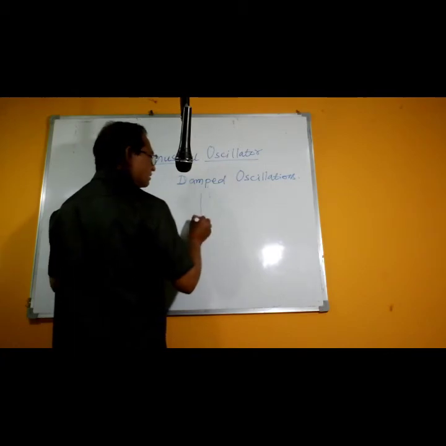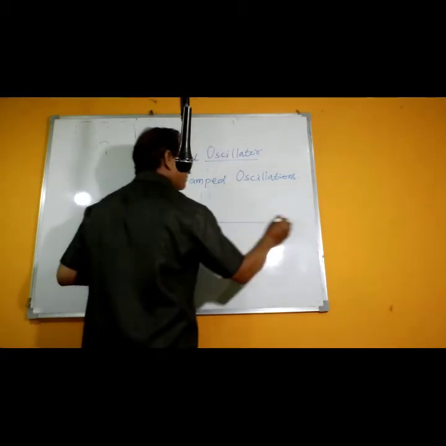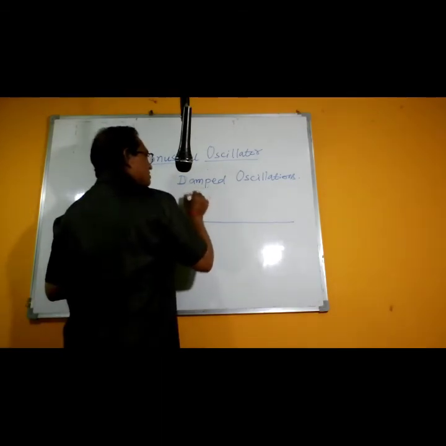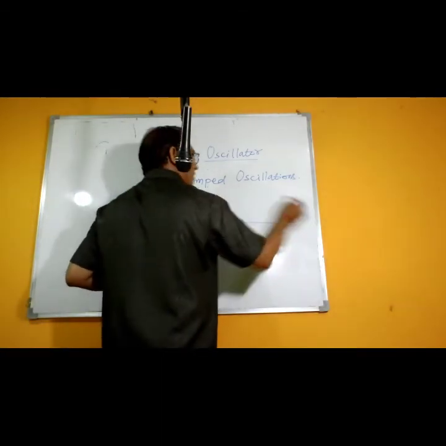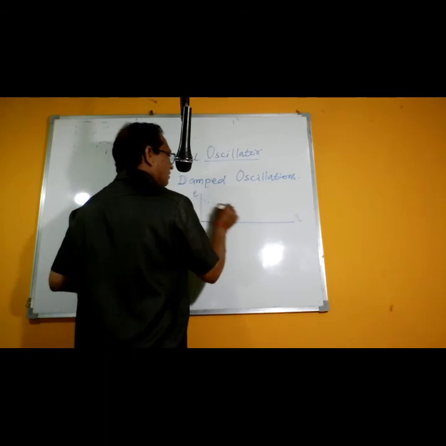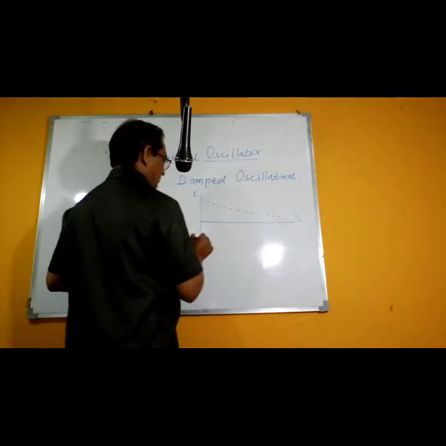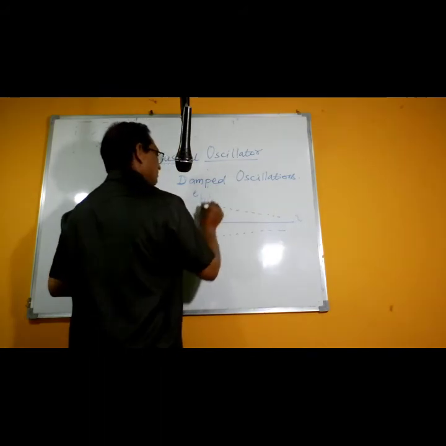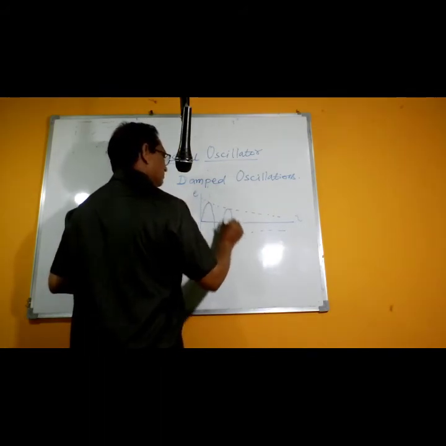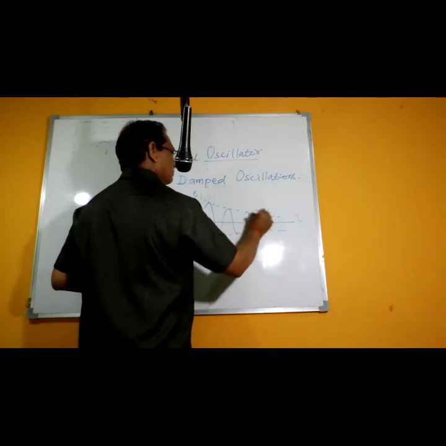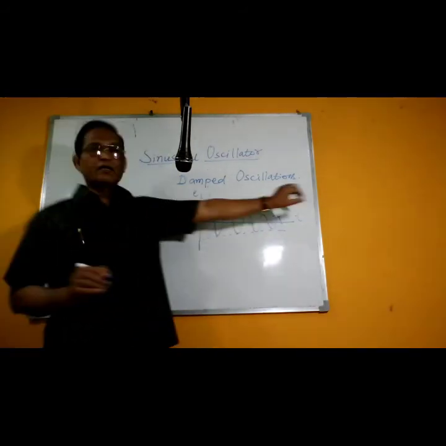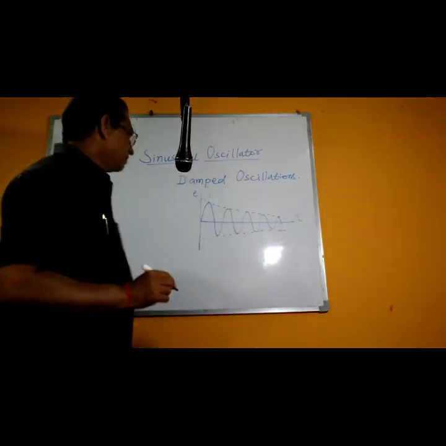If you plot a graph of the waveform from this type of device, amplitude versus time, the amplitude gradually goes on decreasing and finally dies out.